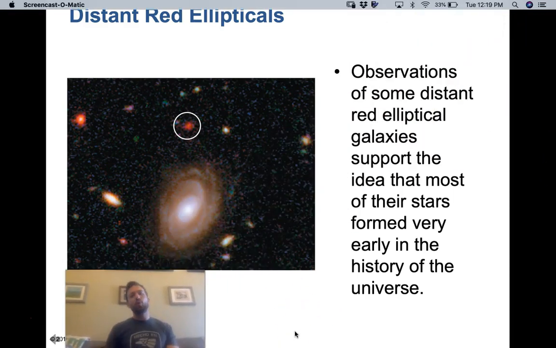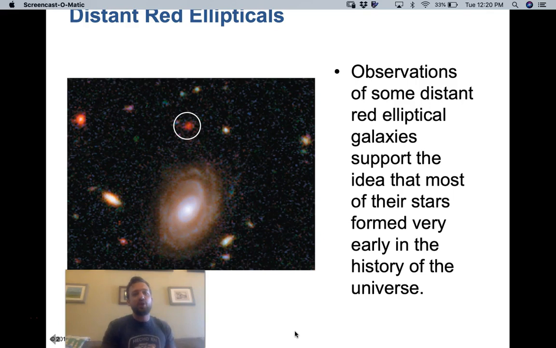Now, what kind of really solidifies the idea of what I just told you is that a lot of very far away elliptical galaxies that we're looking at, we see them very red shifted. Okay, now why in the world would it matter if we see them red shifted and if they're very red in the first place? Yeah, because we see them very far away. They are redder galaxies and they are red shifted.